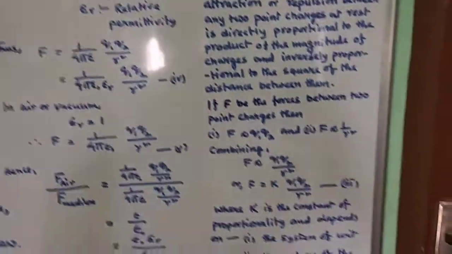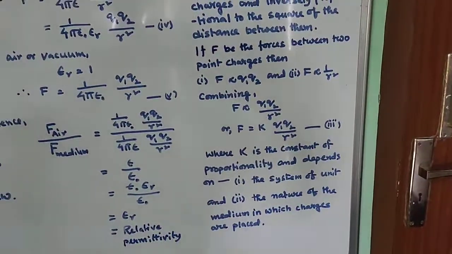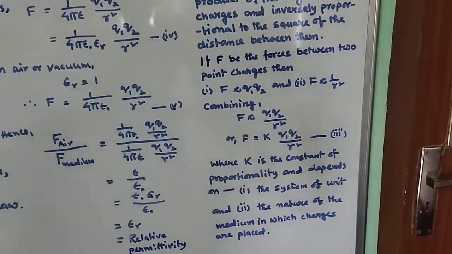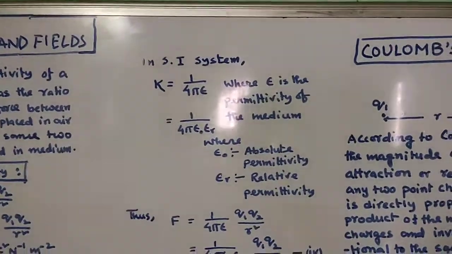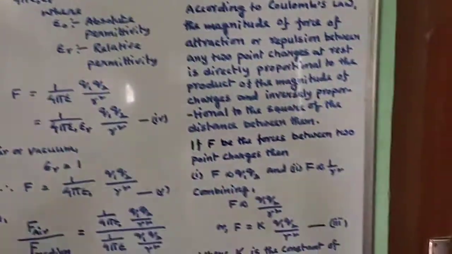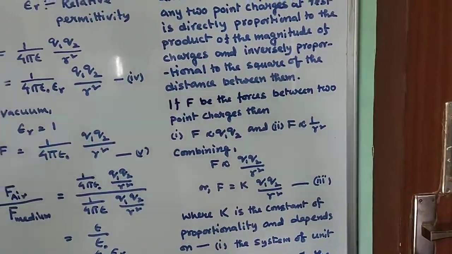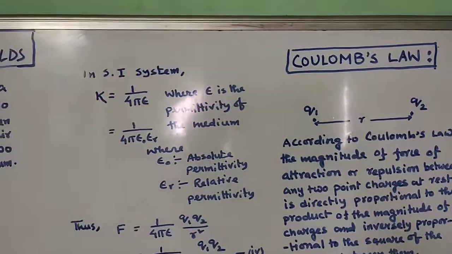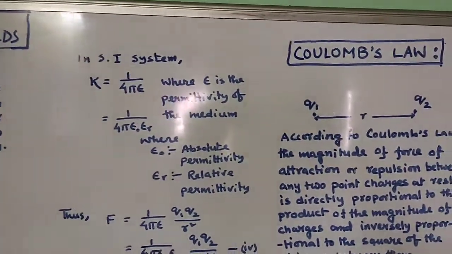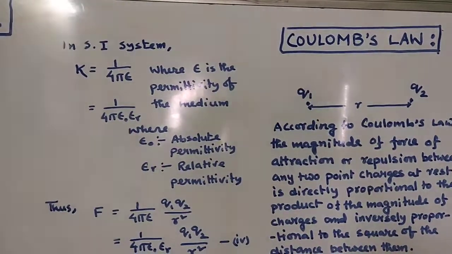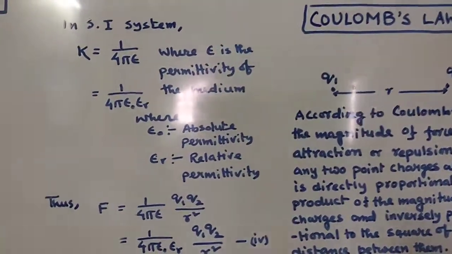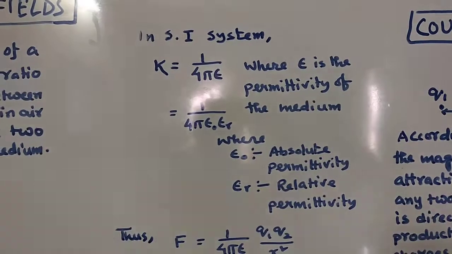Now, this constant depends on two factors. One is your system of unit, and another one is your medium between 2 point charges. In the SI system, this K, which we have shown in equation 3, is K equal to 1 by 4 pi epsilon, where epsilon is the permittivity of the medium.